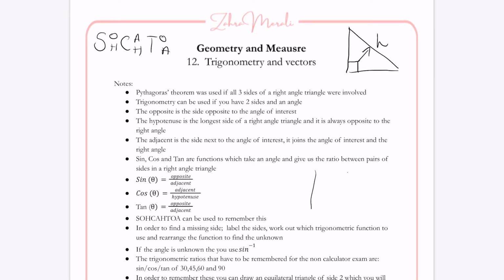So if I choose this angle here, this is straight away my hypotenuse. Opposite the angle, if I draw an arrow up, is the opposite, and next to it is the adjacent. So we're going to start any question to do with angles by labeling: label my hypotenuse, my opposite, and my adjacent.